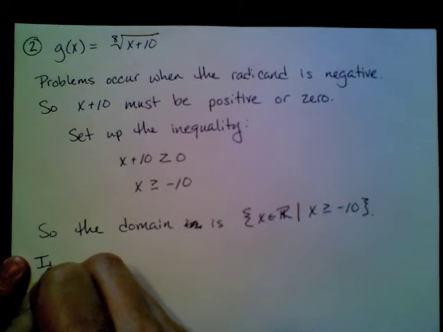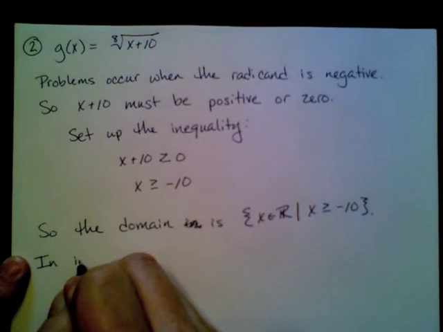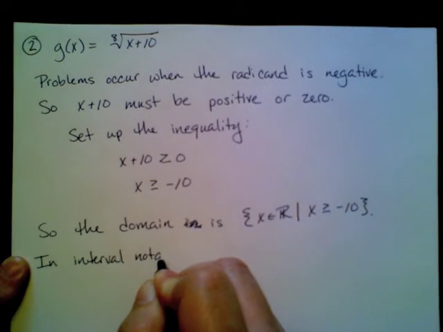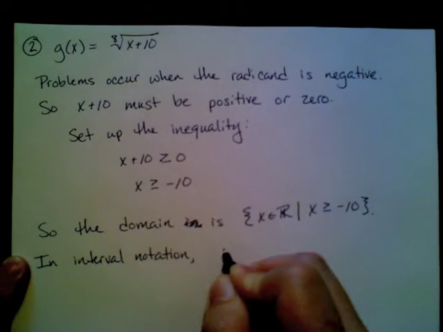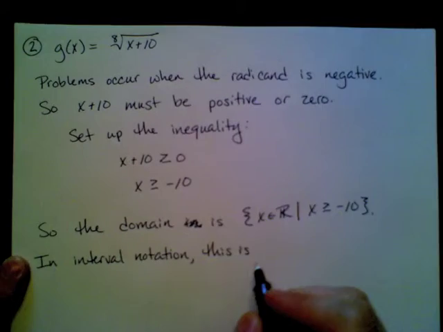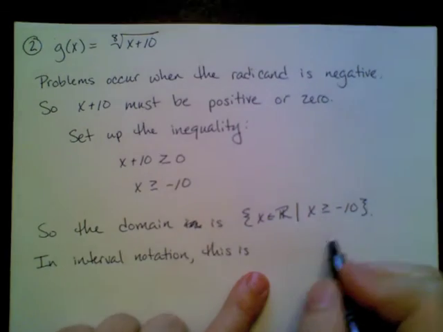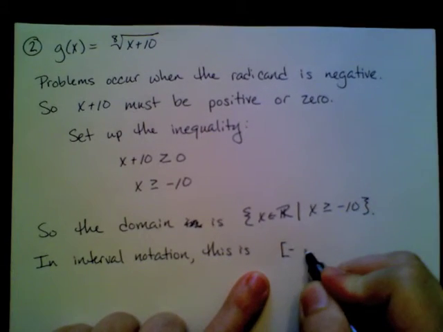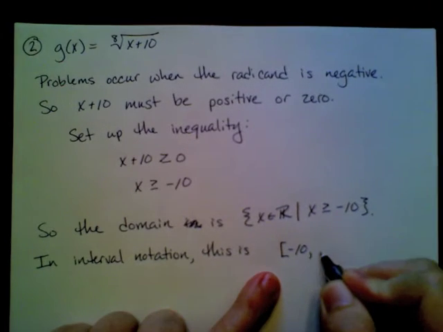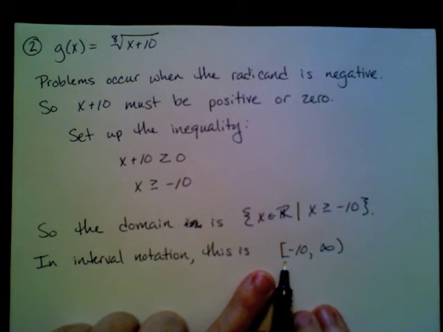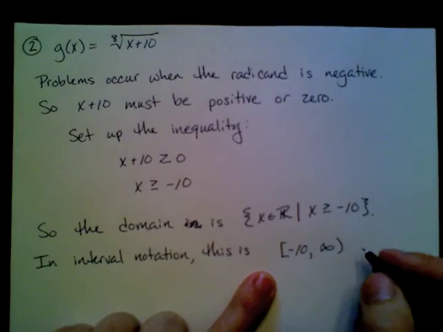In interval notation, this is something that I can express as a single interval. Negative 10 to infinity, everything that's greater than or equal to negative 10. Notice that I did include the square bracket because of the or equal to.